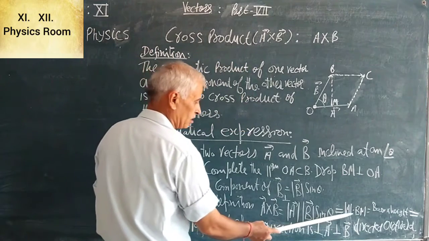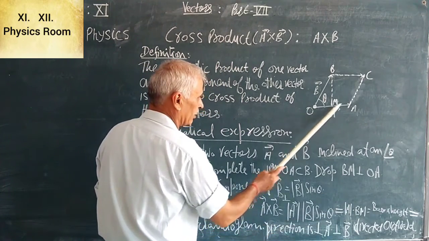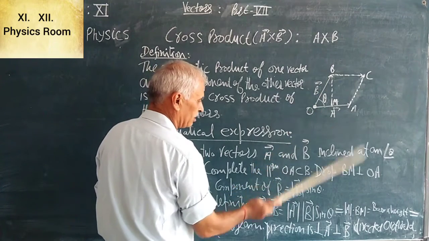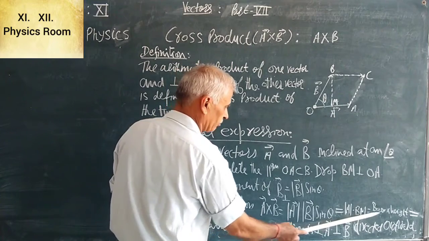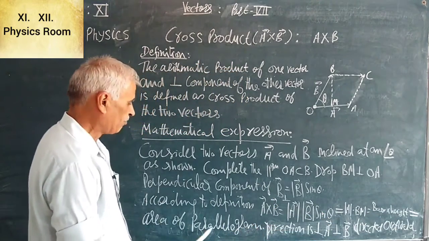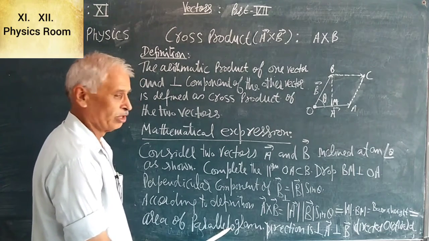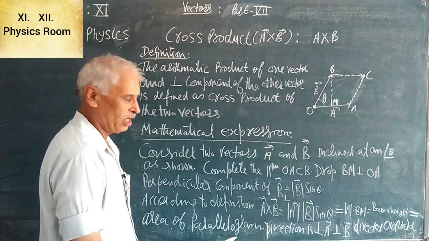Vector A is the base and BM is the height. So it is the product of base into height, and it is equal to the area of the parallelogram. We know in mathematics the area of a parallelogram is base into height.